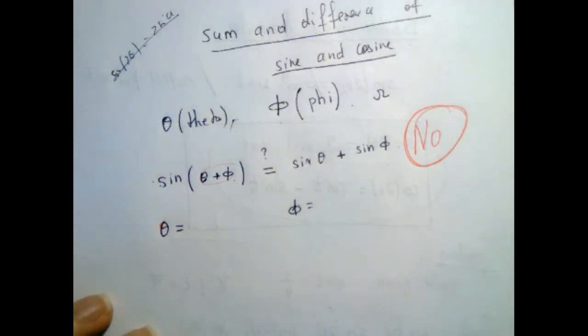I'll give you a minute to think about it. Just play with easy angles. Don't make life hard. Play with angles that you know how to work with, like pi over 2, pi.